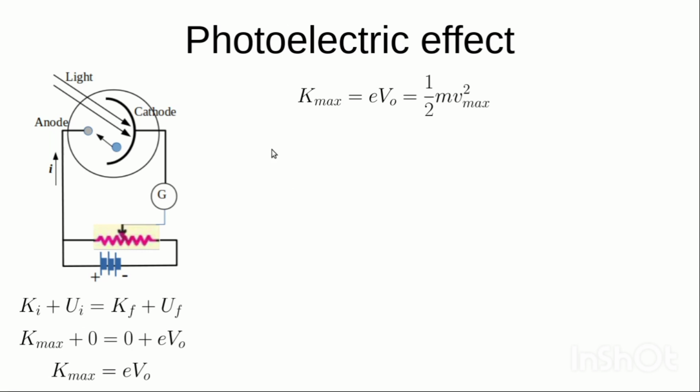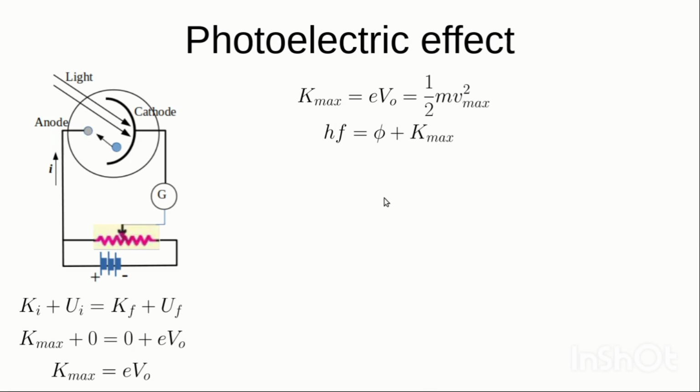That hf will be totally converted to the work done in digging out the electron from the surface and to the kinetic energy that will be used to travel from this point to this point. So we have the formula: hf, the energy of the light, is converted to the work in digging out the electron, plus the kinetic energy, that is the speed with which the electron will be ejected from this point to this point.